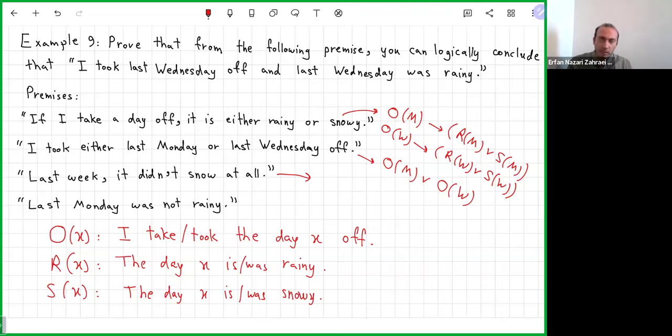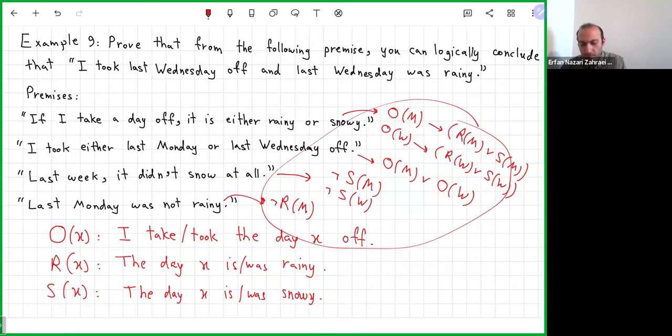It means that Monday was not snowy and also Wednesday was not snowy. So not S_M and also not S_W. These two premises, I can get this. And this one, Monday was not rainy. So only not R_M. These are all my premises that I have.